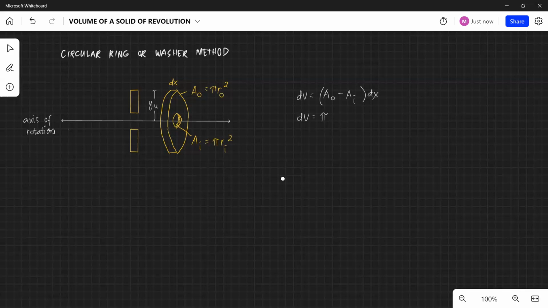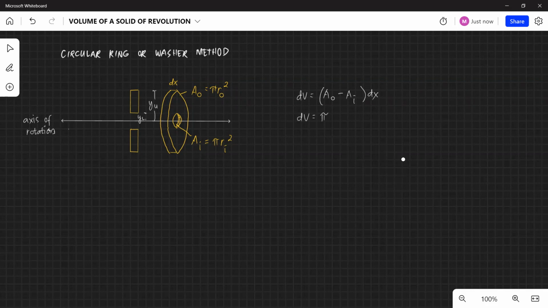And the radius of the smaller circle is actually the y of the lower curve, to be consistent with what we are using in the length of a vertical strip and solving for the area formed between curves.